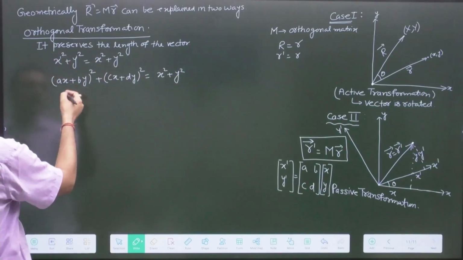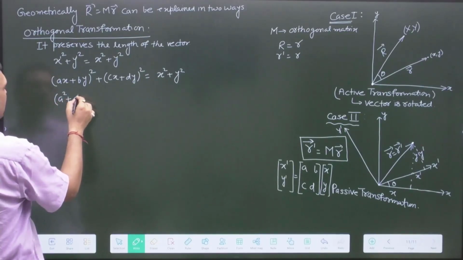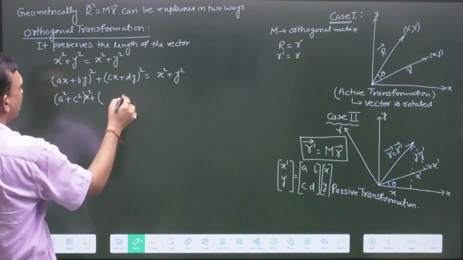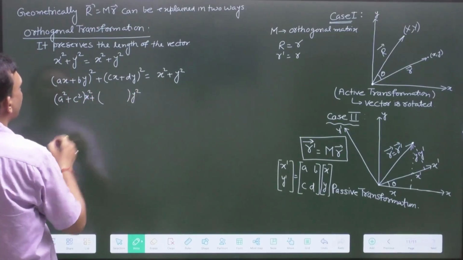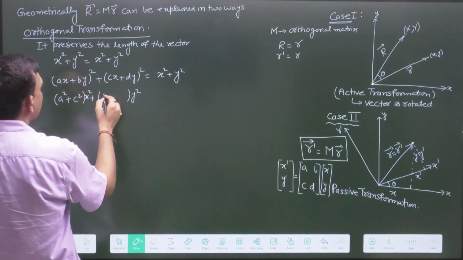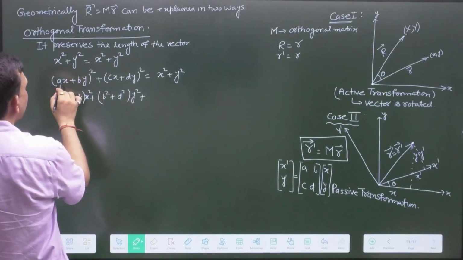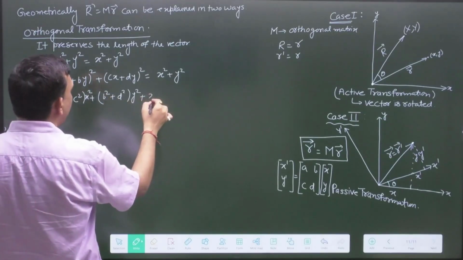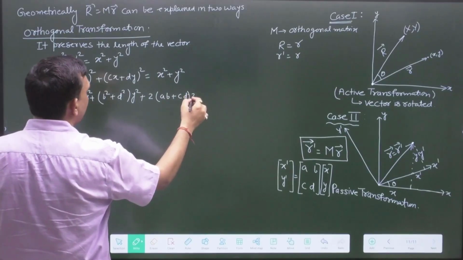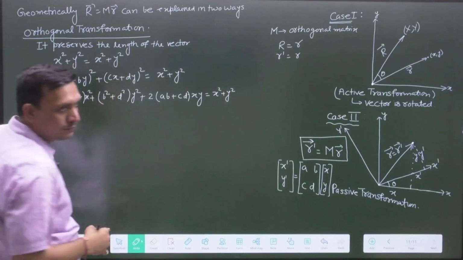If you expand this, the coefficient of x square is A square plus C square. For y square, it is B square plus D square, plus the xy term is 2 times (AB plus CD) xy, and that equals x square plus y square.